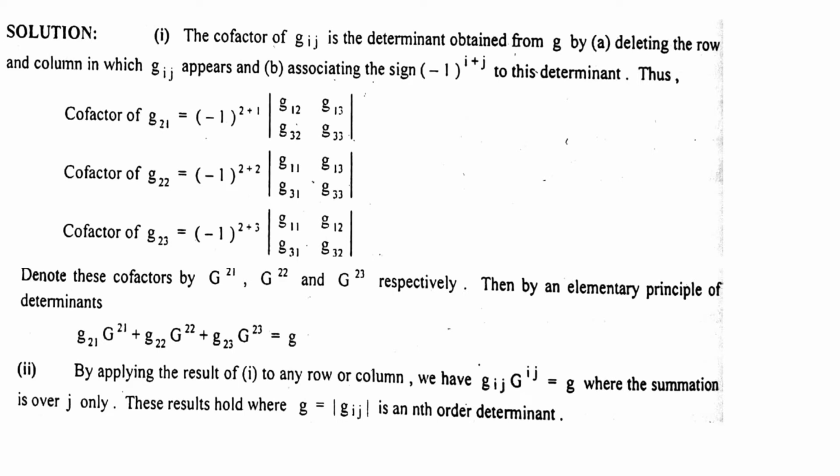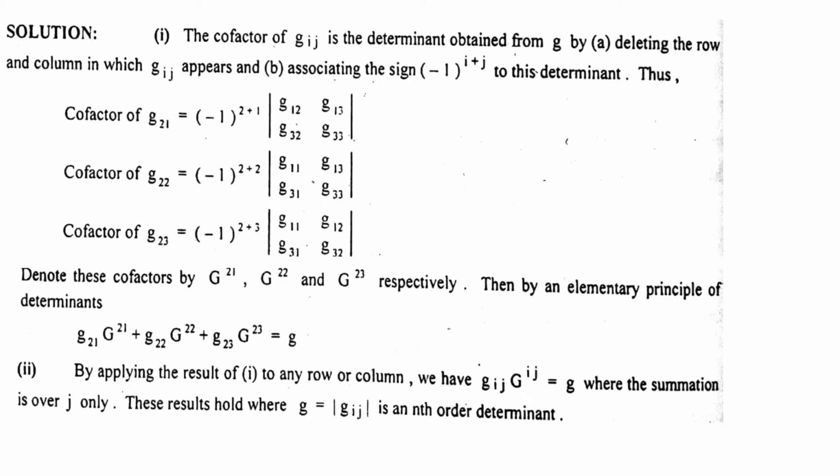Actually, in this question we have to use second row elements, otherwise we can use any row or any column, multiplying by cofactors and adding like this, and it returns the determinant of the matrix.